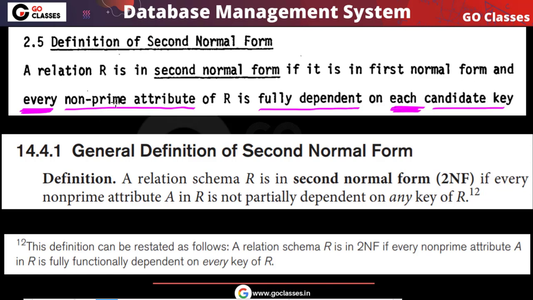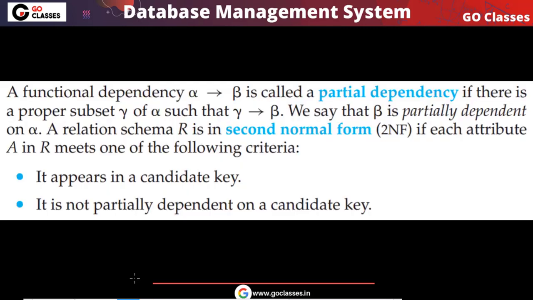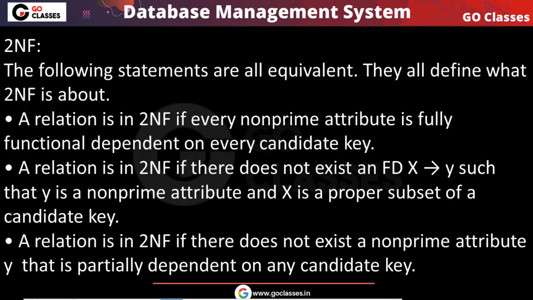What it means is that no non-prime attribute must be partially dependent on any candidate key. This is the definition of second normal form.